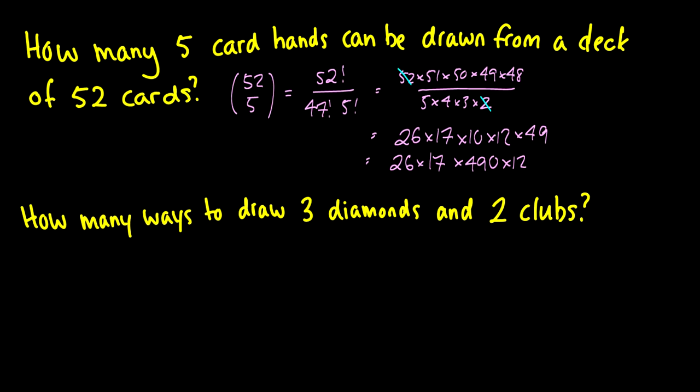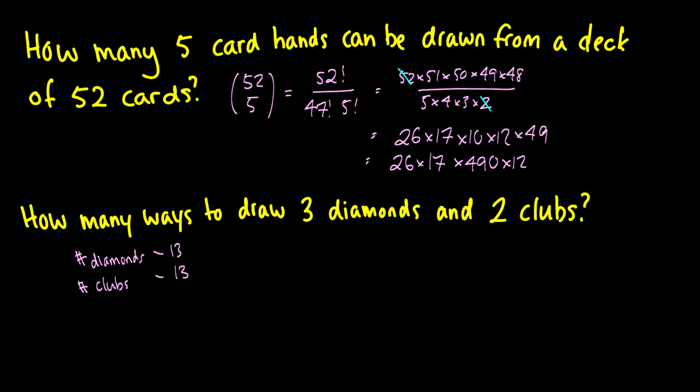However, there are a couple things we need to know. First of all, how many diamonds are there in the deck, and what is the number of clubs in the deck? Well, there's 13 of each suit, so there's going to be 13 diamonds and 13 clubs, and we just want to draw 3 diamonds and 2 clubs, and it doesn't matter what order we draw them in.